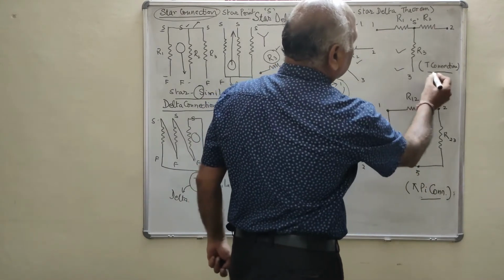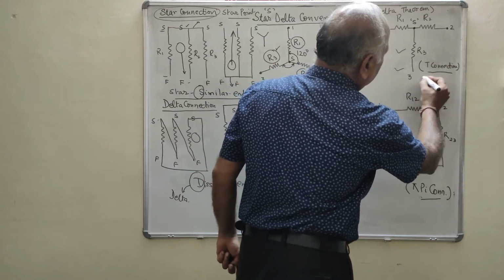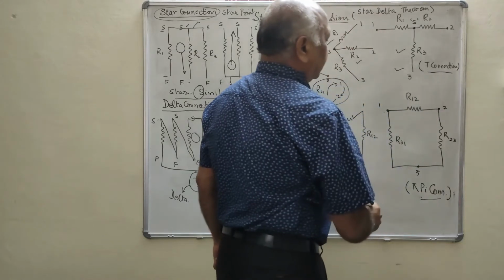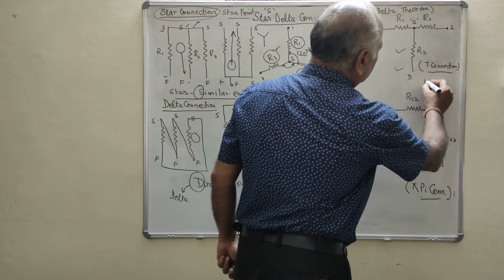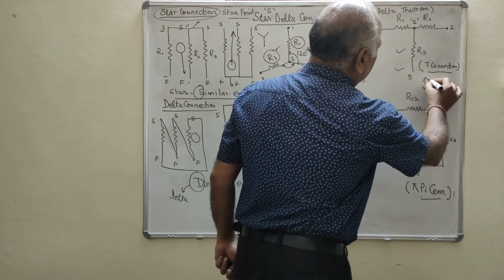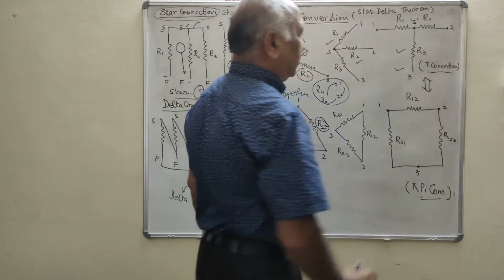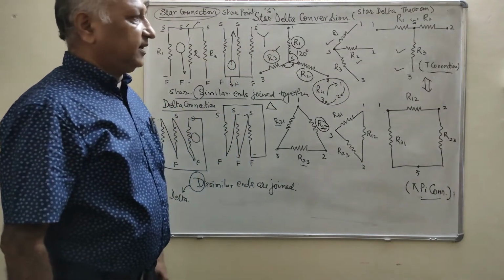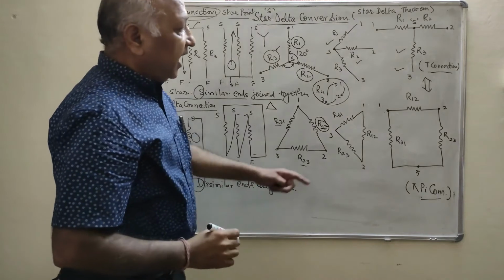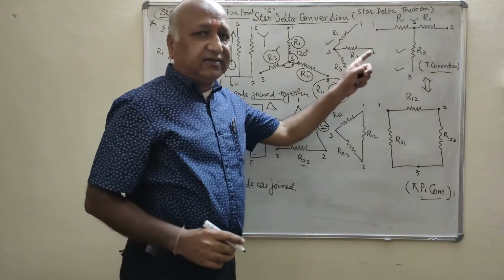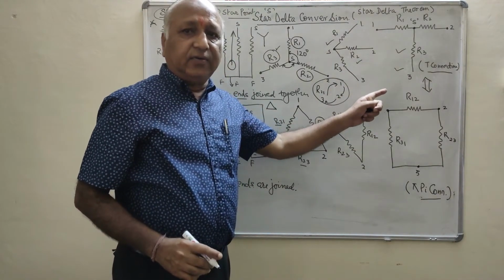In the star transmission line, the star connection is called the T connection. That means the T connection can be converted into the pi connection, and the pi connection can be converted into the T connection. Now we will see how we will convert the star to delta and delta to star.